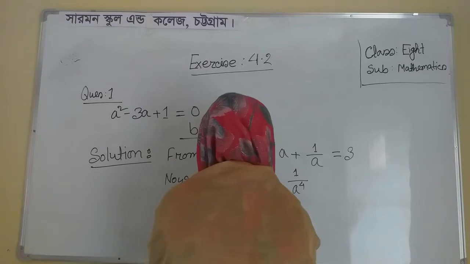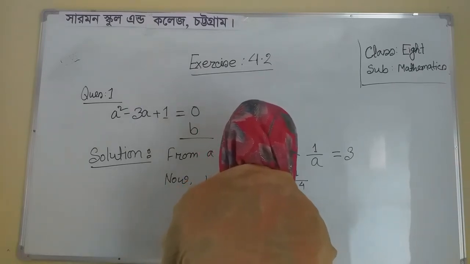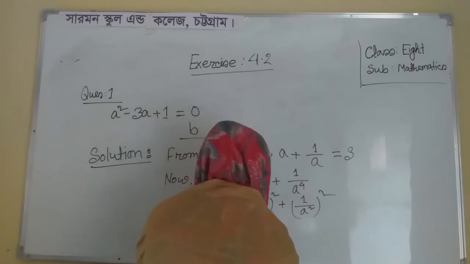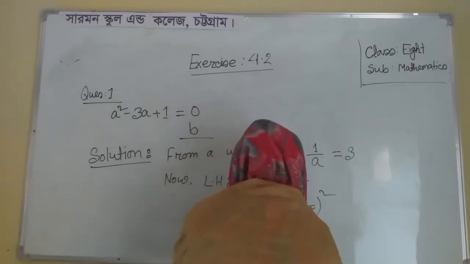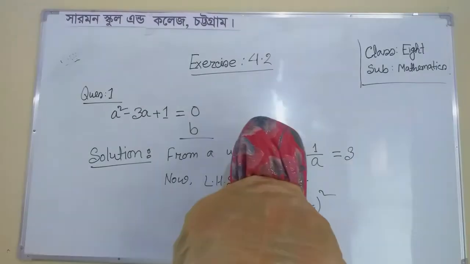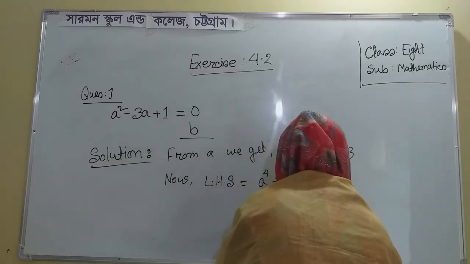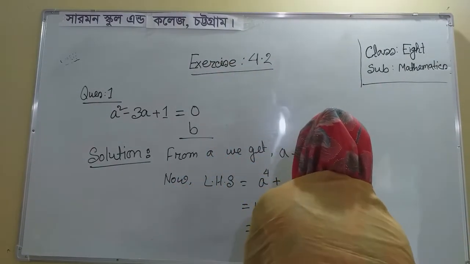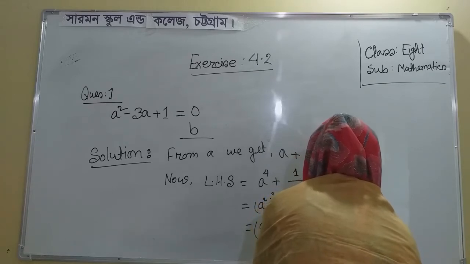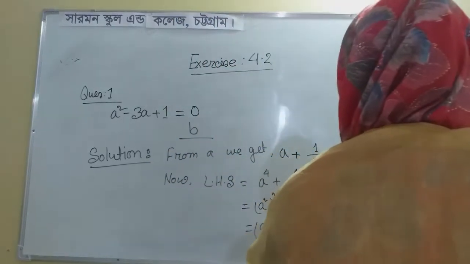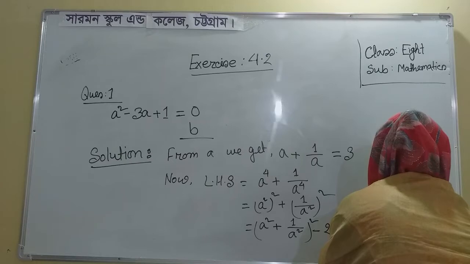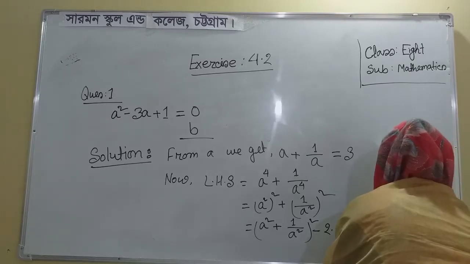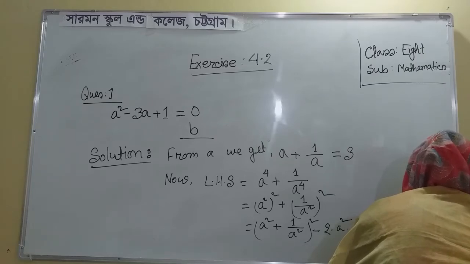Now here we apply the formula a square plus b square equal to a plus b whole square minus 2ab.